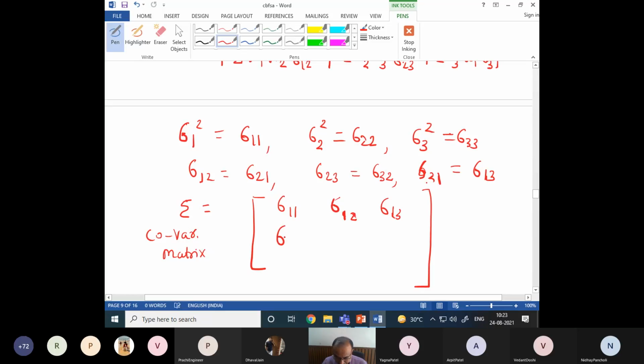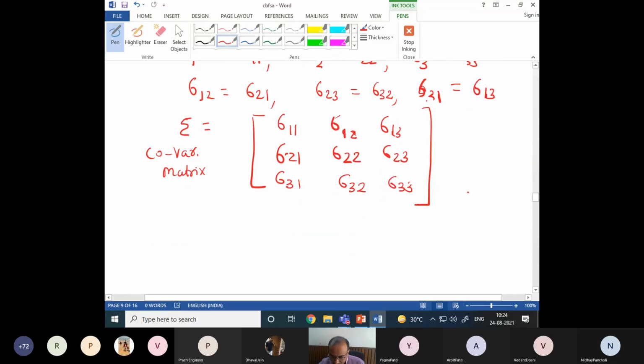Similarly, the second row is sigma 2 1, sigma 2 2, sigma 2 3, and the third is sigma 3 1, sigma 3 2, and sigma 3 3. If I define this, the W vector is already defined. What do I get?